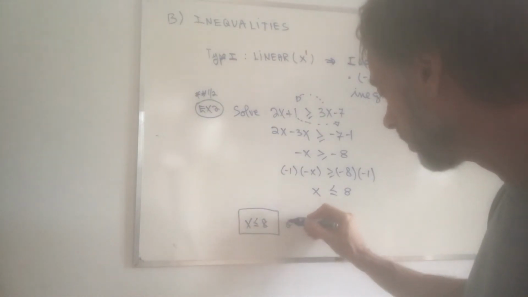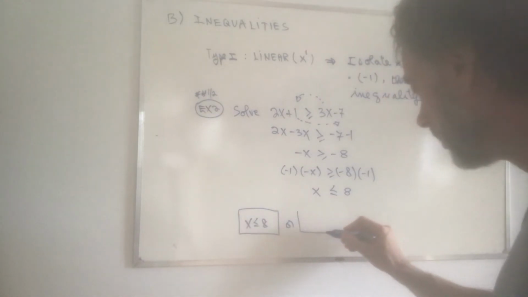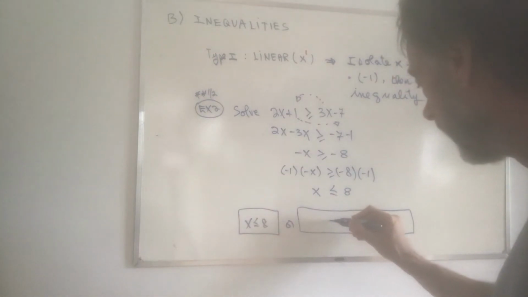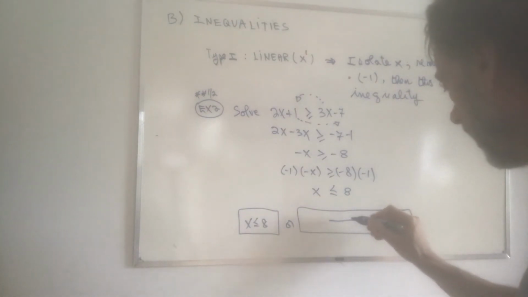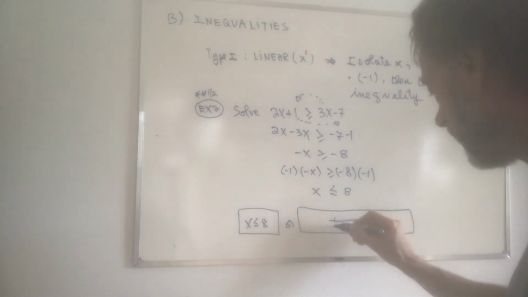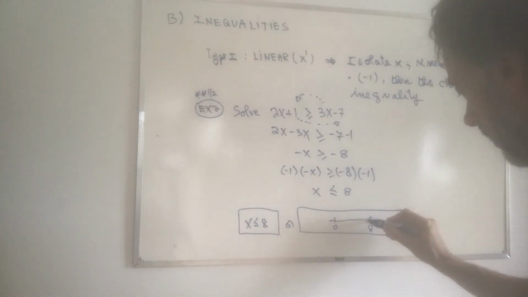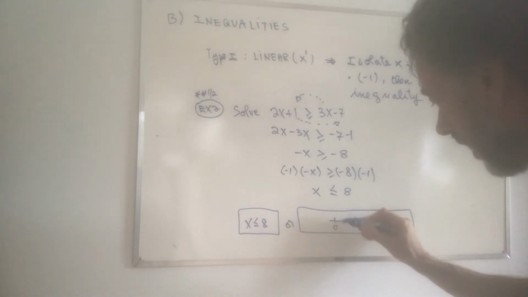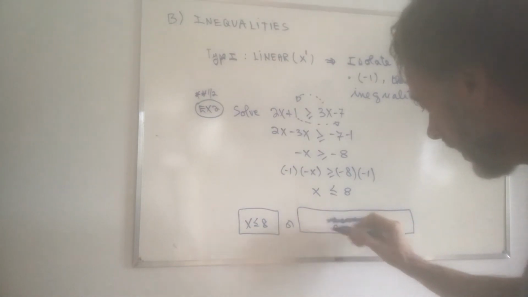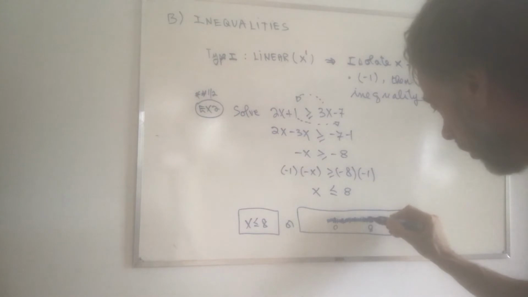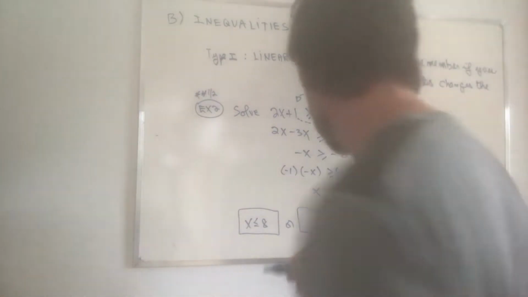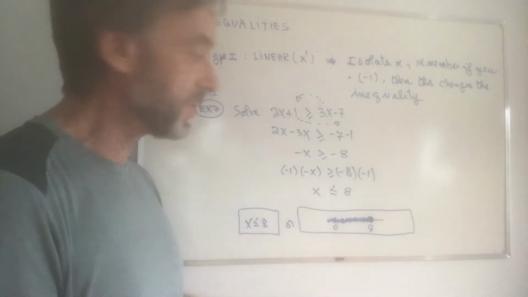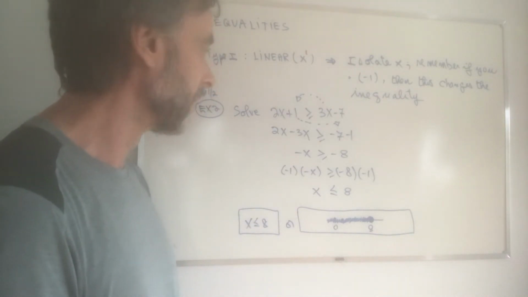Some of you may have learned the line notation like this. You have the real line here, you have 8 here, and say 0 there, and x less than or equal to 8 would mean we shade on the line this way all the way down, and we include the value 8. This is simpler, but this also describes the situation quite well.